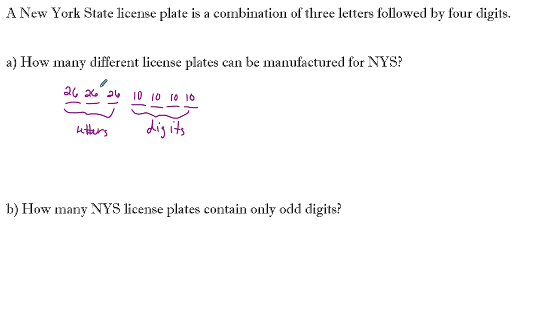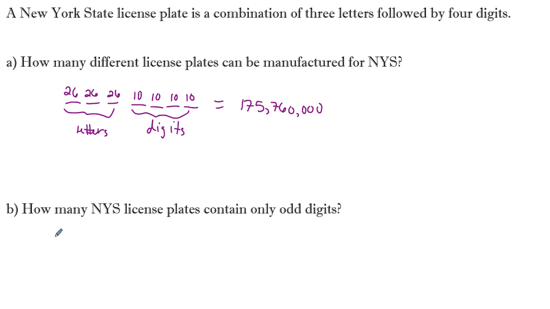Now, using the multiplication rule, we're going to go ahead and multiply all of these together, giving us 175,760,000 different possible combinations.